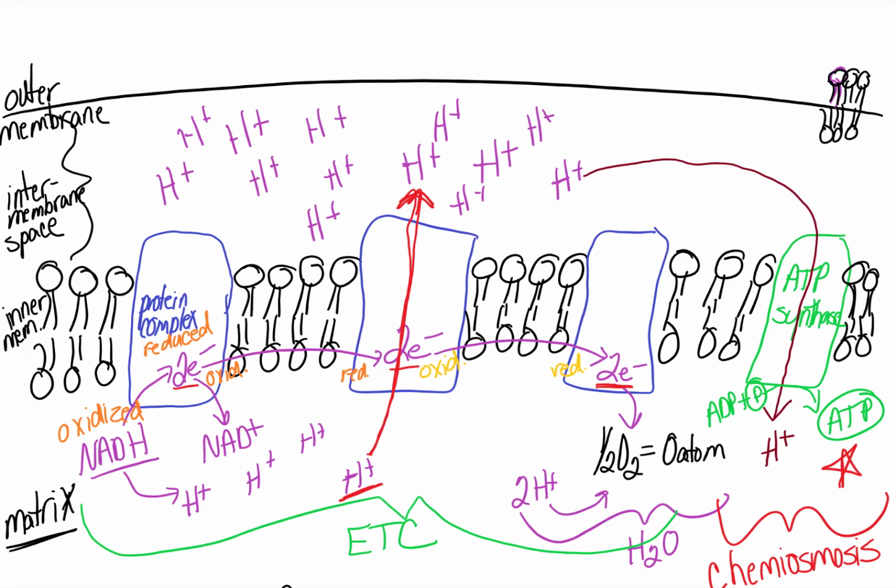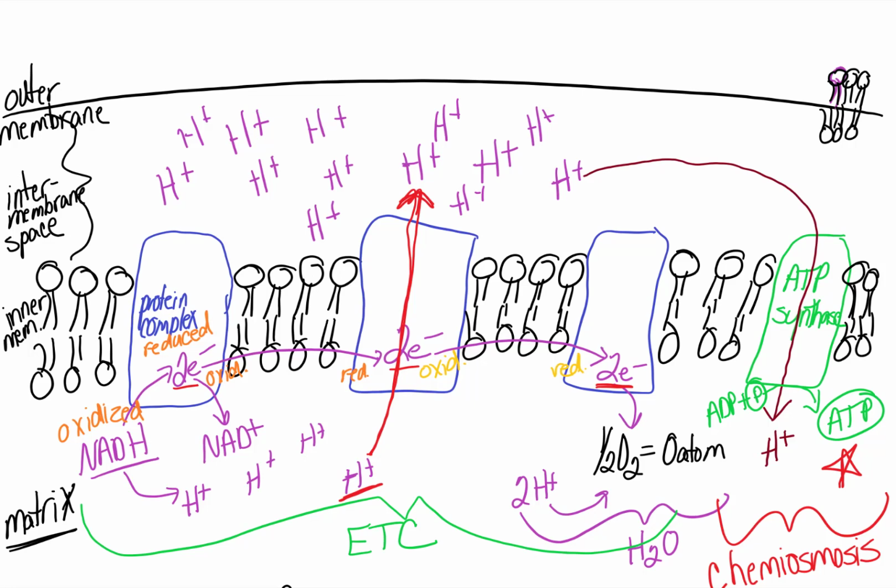We can't have reduced electron carriers unless we bring fuel like glucose into our cells that we can break down. So each of the processes that we have been through are really an integral part of cellular respiration and are really all dependent on one another.